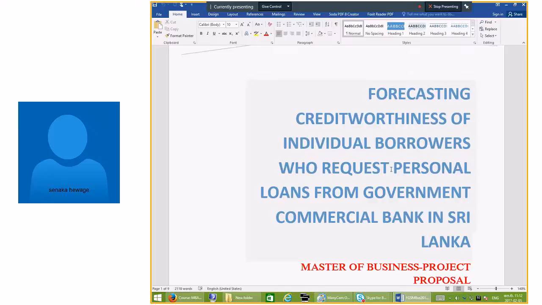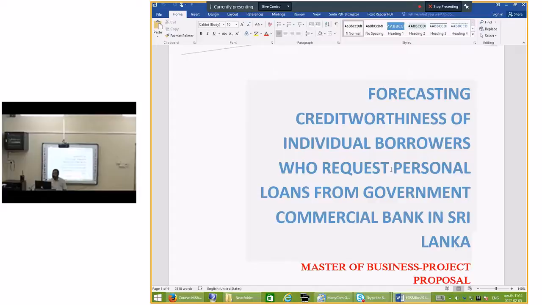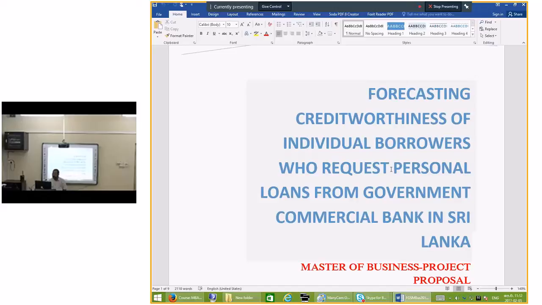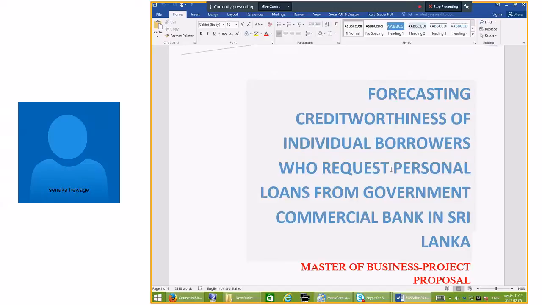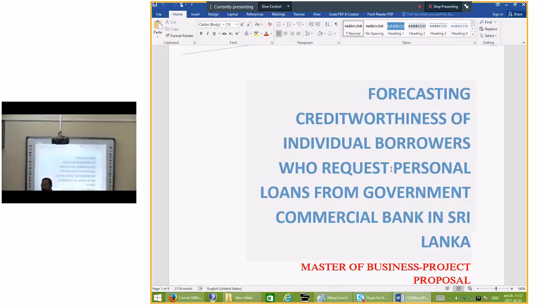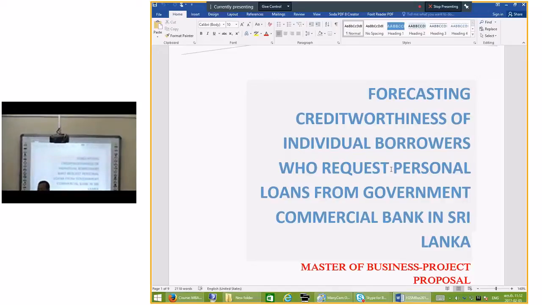Creditworthiness of personal loan borrowers, actually, not all borrowers, from government commercial banks of Sri Lanka. Especially, I am focusing on Bank of Ceylon and People's Bank. Then you use: creditworthiness of personal loan borrowers from government commercial banks in Sri Lanka.